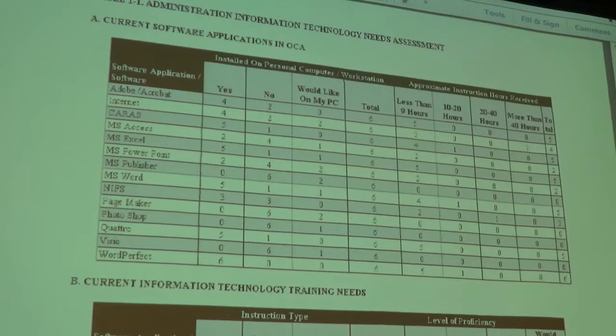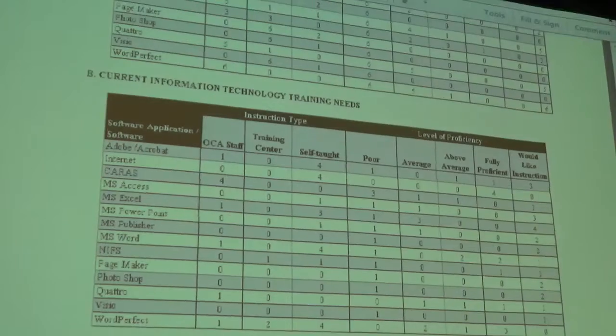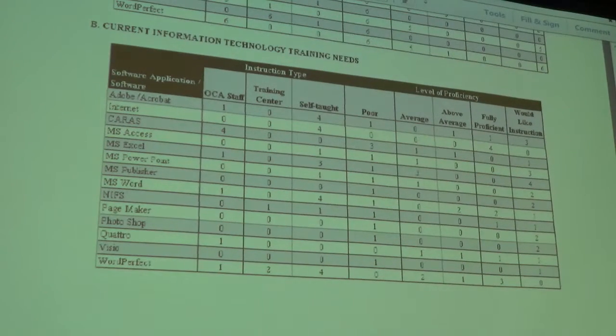If you look at page 28, we have the current software applications in OCA. We identified the individuals that have them, which ones didn't, and whether they would like it on their individual PCs. We looked at the approximate instruction time, because we want to know how much time it would take to provide professional development. We identified all the training needs for the staff. How many people needed to be trained?